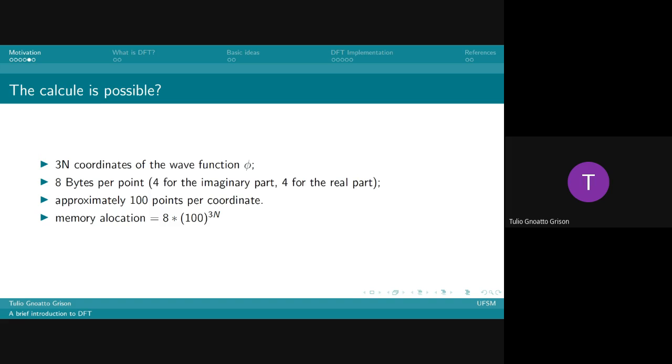For each electron in the system, we have 3 degrees of freedom. So for n electrons, we need 3n wave function coordinates. Assuming 100 points per coordinate and allocating 80 bytes of memory per point, the total memory allocation will be 80 multiplied by 100 to the power of 3n.